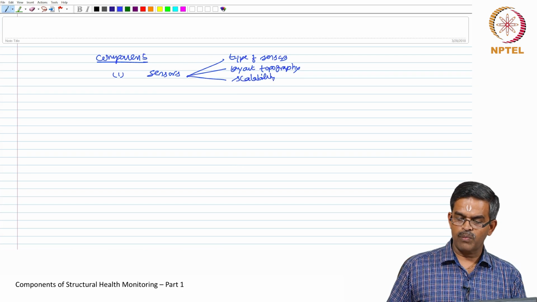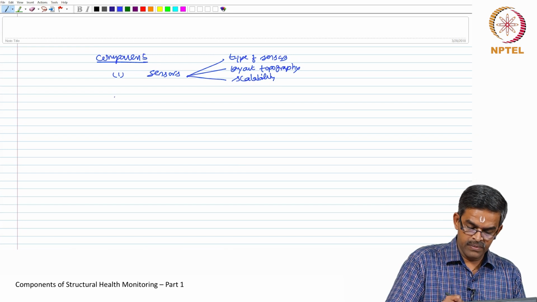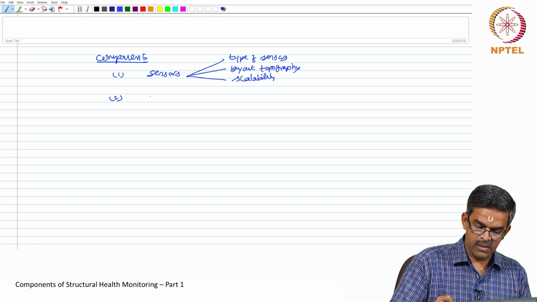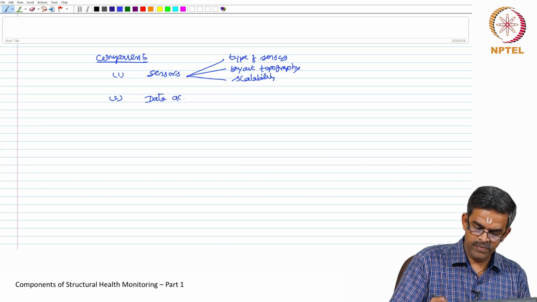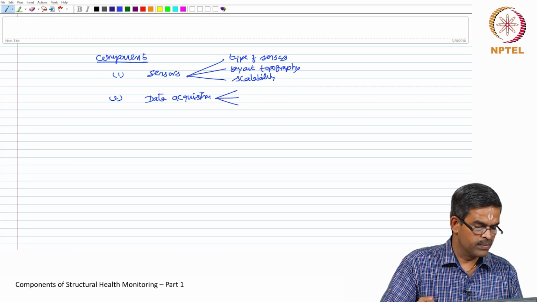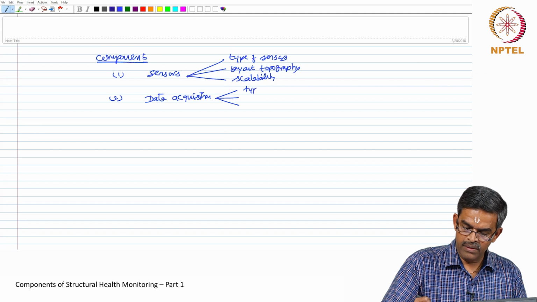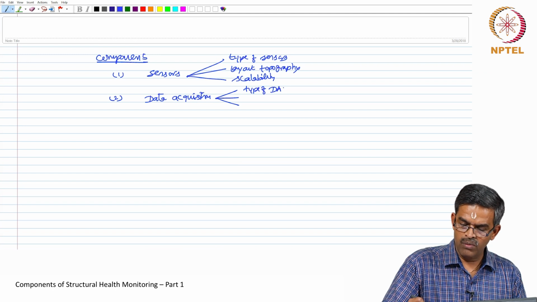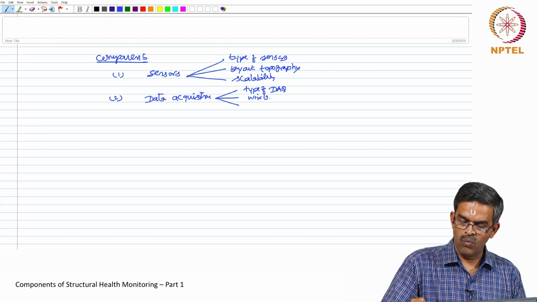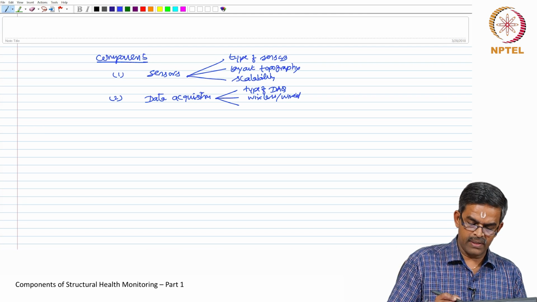Like layout of topography, scalability, etc. The second level is data acquisition, which essentially depends upon the type of DAQ being used, whether it is going to handle wireless or wired sensors, etc.